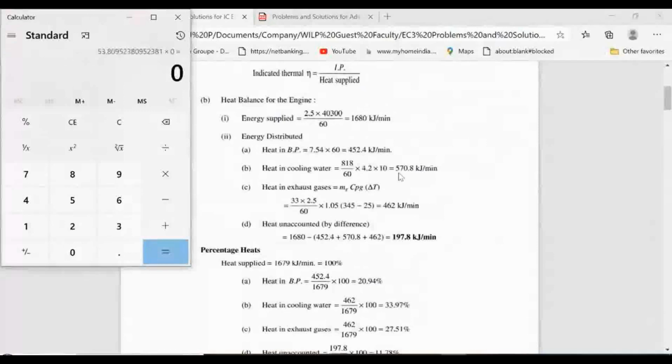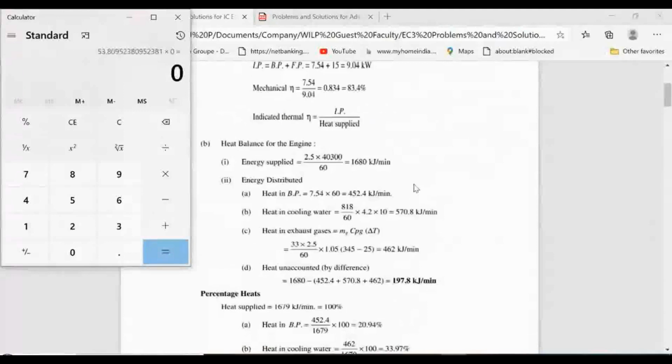It is also per minute. 2.5 into 40300, divided by 60. See, we already did it by 60, and I multiplied again. So I made a mistake.